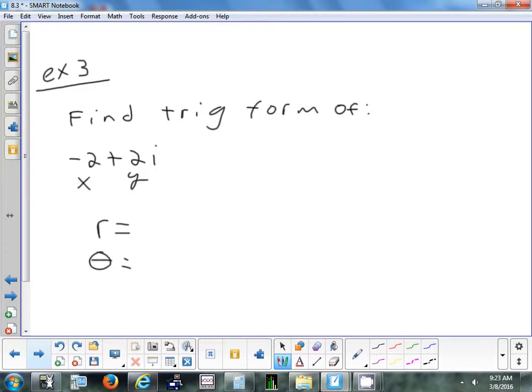So this is my goal: find these 2 letters, and then write the answer. Let's graph it. To graph it, I'm going to go left 2, up 2. This problem didn't say you have to graph it, so my sketch is just to help me. I'm not grading the sketch. It's just to figure out which quadrant I'm in, and maybe I can draw a triangle too. But all I care about is that you get r and theta correct.